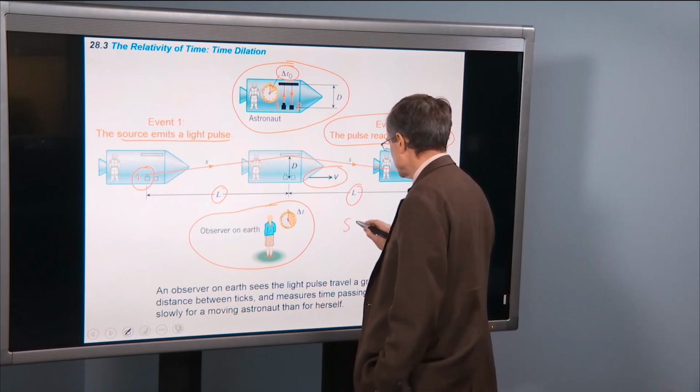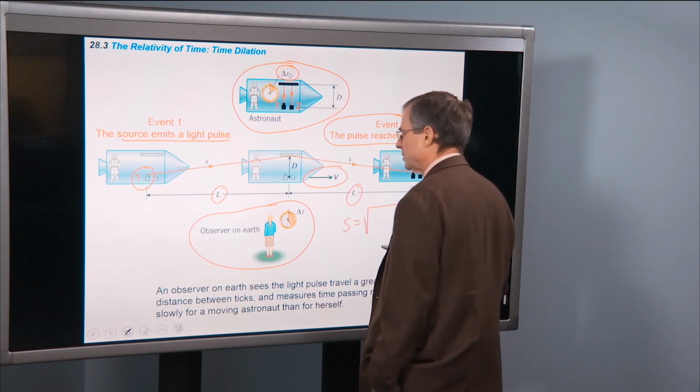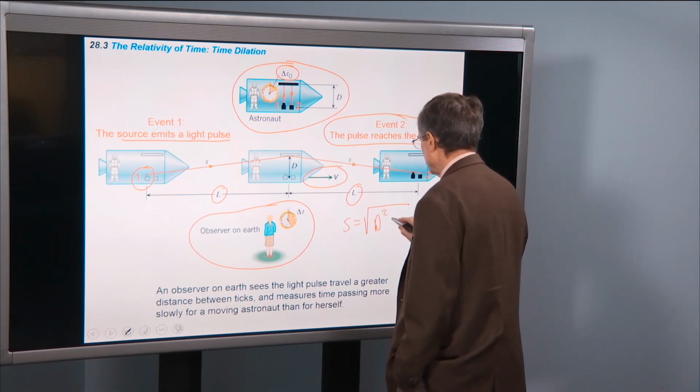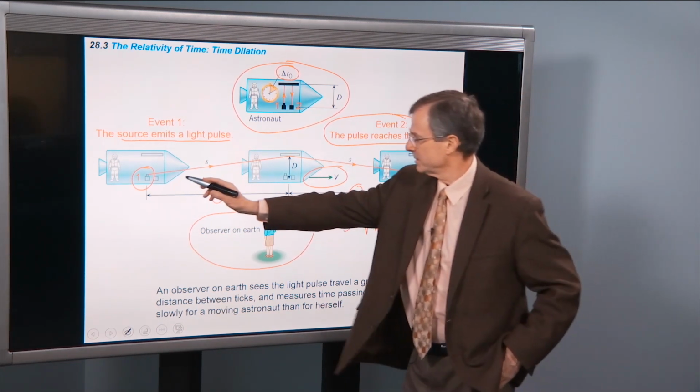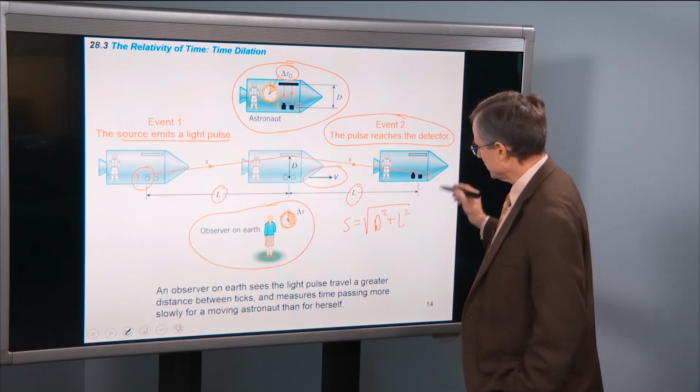In fact, s is the square root of d squared plus L squared. So that's the distance it travels during the first leg, and the distance it traveled during the second leg.